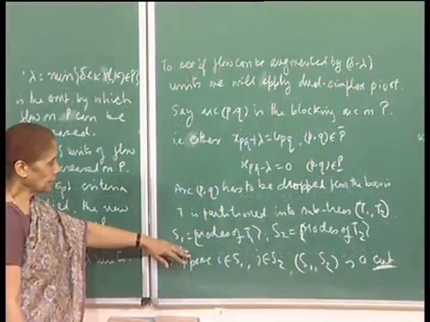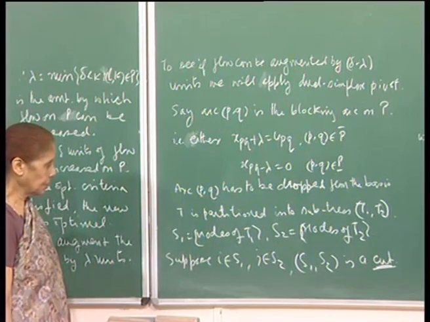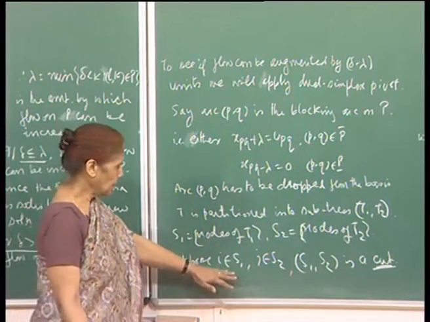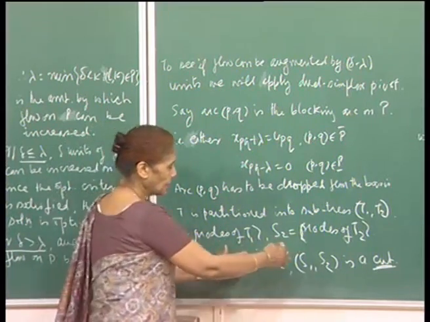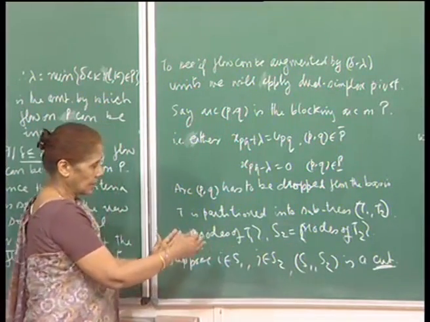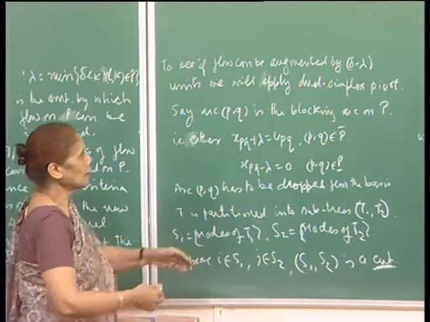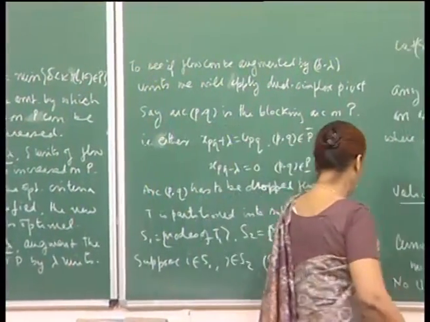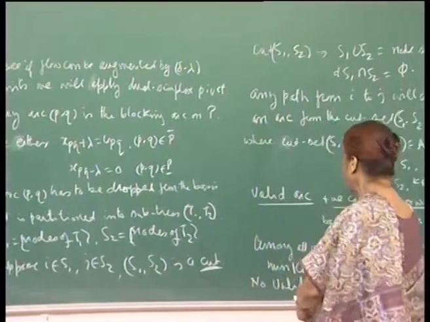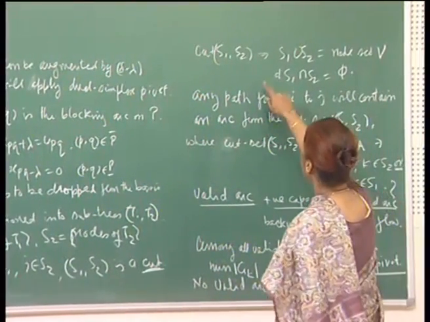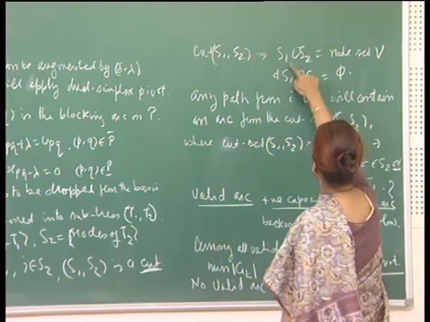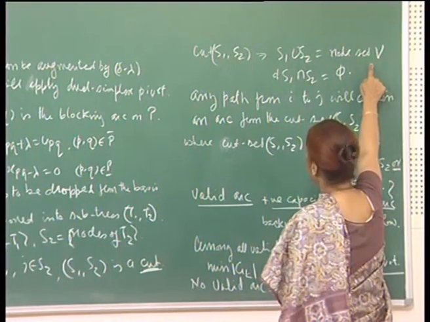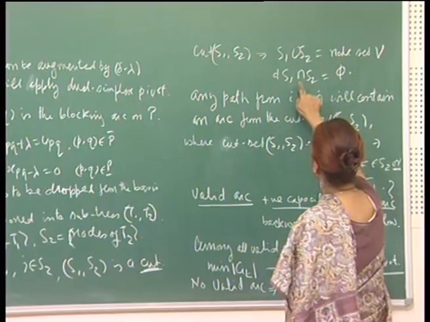S 1 are the nodes of T 1 and S 2 are the nodes of T 2, and suppose i belongs to S 1 and j belongs to S 2. Then what is happening is that S 1, S 2, the node sets, form a cut. Later on, of course, we will have more occasion to use cuts heavily, but here what I am saying is that a cut means a partition of the node set V. So, S 1 union S 2 equals the node set V, and they are disjoint.